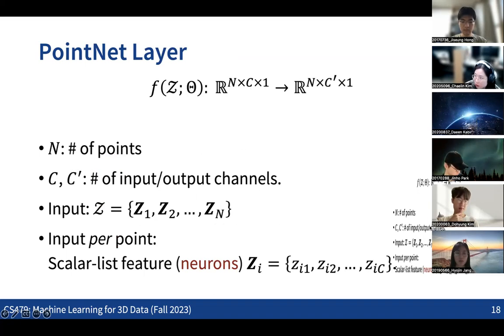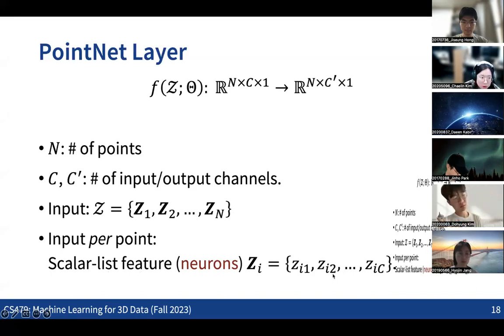Oh, sorry, something has broken in my slide. Given the point cloud, here Z is the point cloud. For each point, we have a feature vector. And instead of seeing the features for each point as a vector, now we are going to see them as a list of scalar values.